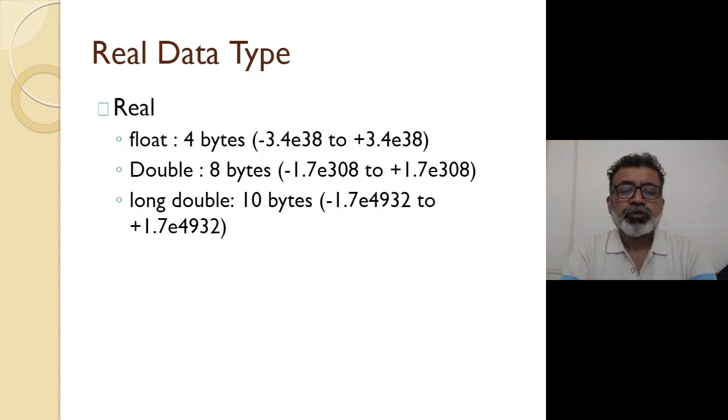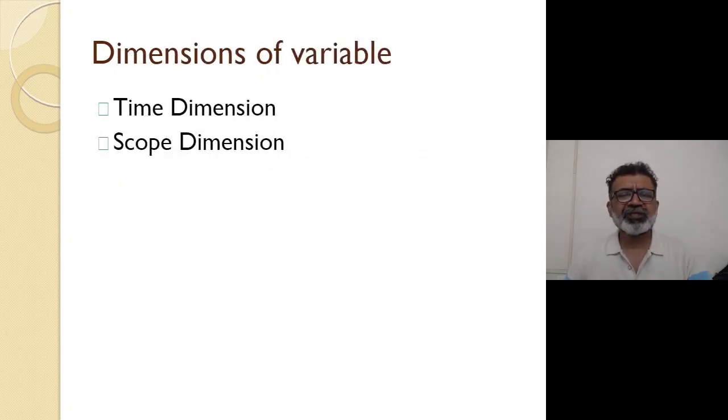So double takes 8 bytes of memory and long double is there, just like a long int. It takes 10 bytes of memory. The range is huge, -1.7 e raised to 4932 to +1.7 e raised to 4932, a very huge range. So this is just a revision.